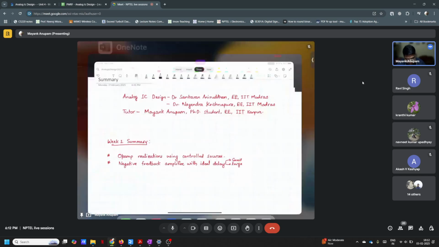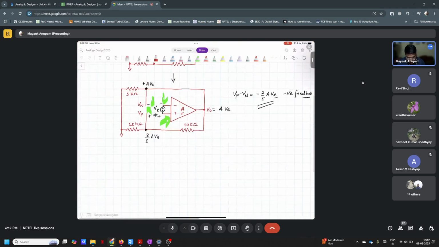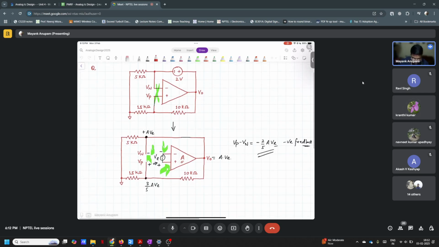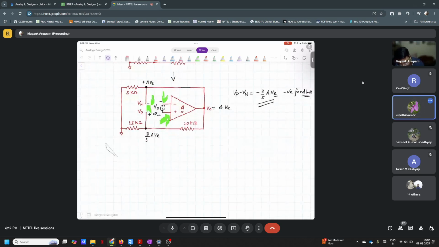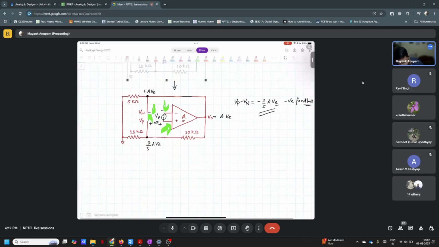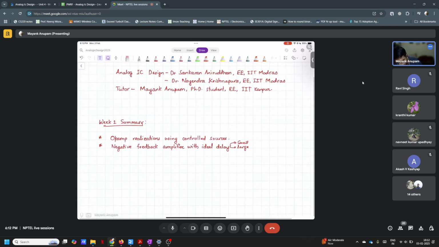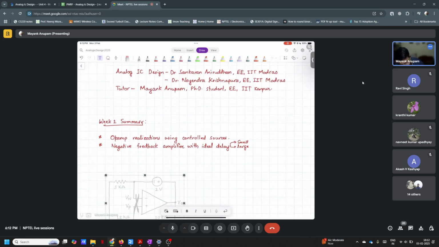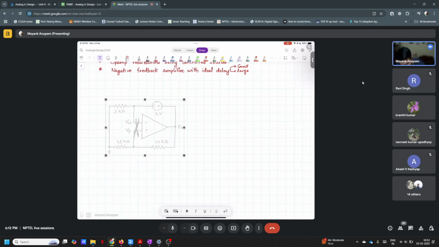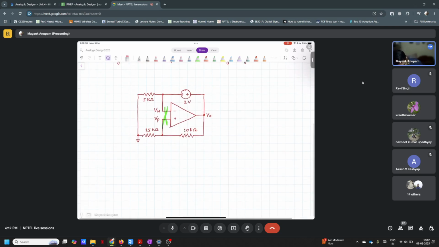I'll just take week 1, question 9. It was a similar question to this, isn't it? Let me copy and paste it. Just use this figure. This is the situation, in which instead of this voltage source, you have a resistor.